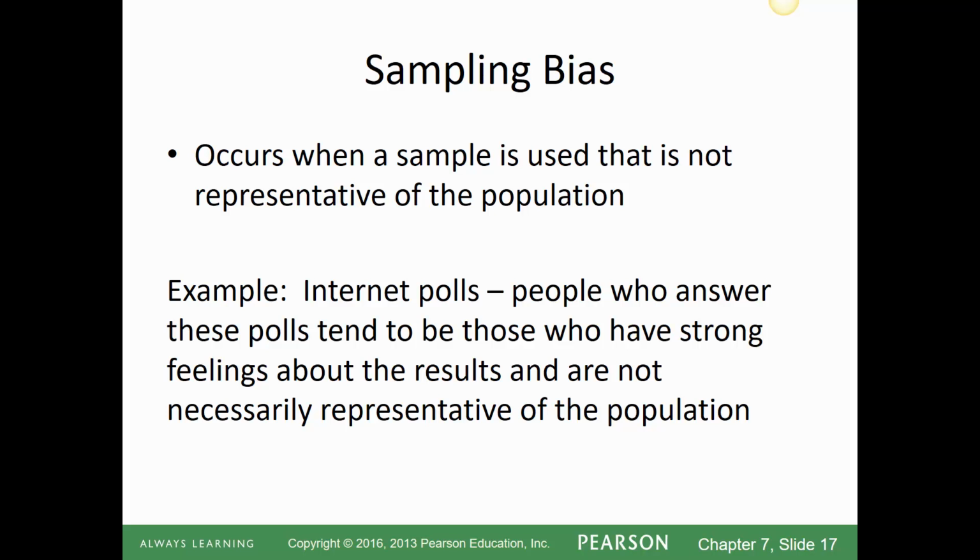I can't remember the exact number, but it was definitely over 50. But it turned out that this presidential candidate lost by a landslide, and the reasoning is their sample.